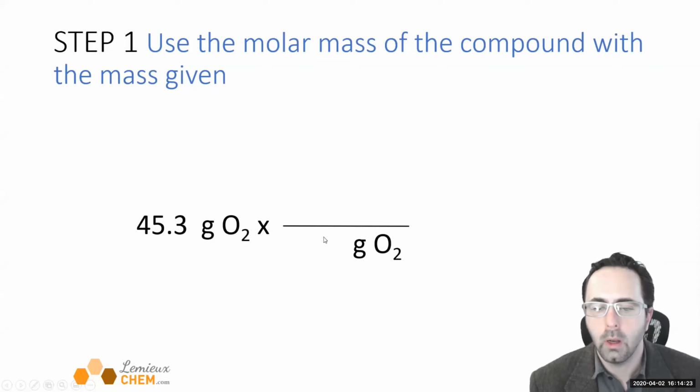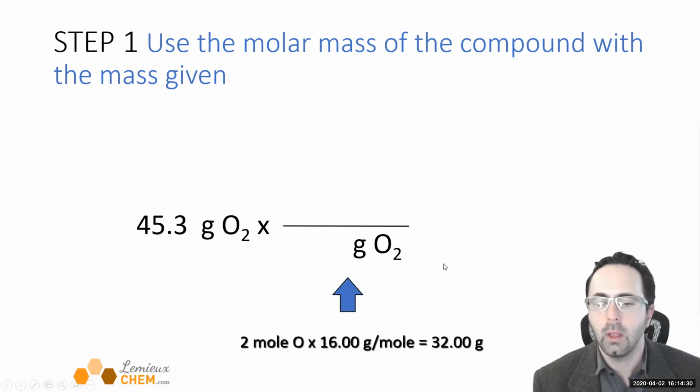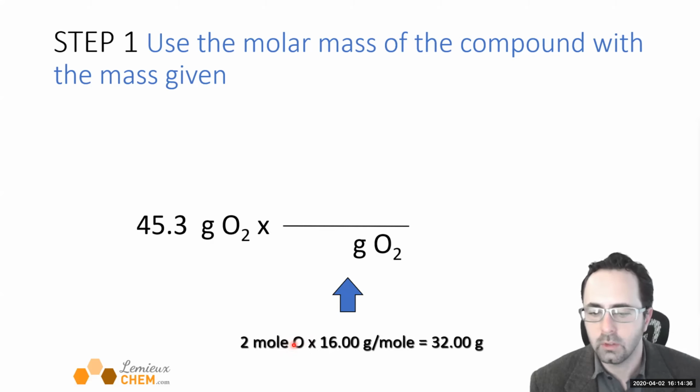But we need to know what number goes with that. And for that, we're going to have to calculate the molar mass of O2. So if we have one O2 molecule, it contains 2 moles of oxygen atoms. We did a similar thing like this with iodine in the experiment today. So a mole of oxygen atoms weighs 16 grams, but a mole of oxygen molecules contains 2 moles of oxygen atoms.